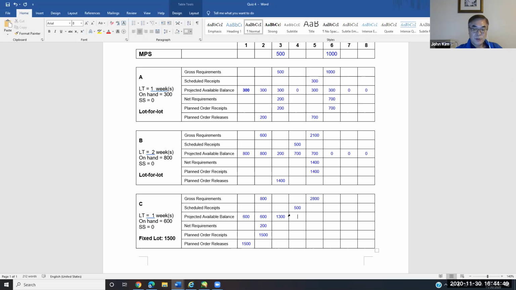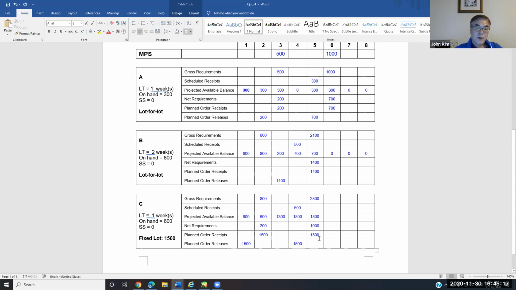Receive 500, so total 1,800 will be available. 1,800 available. Need 2,800, so we need 1,000 more net requirement, but order quantity is fixed, 1 week earlier.